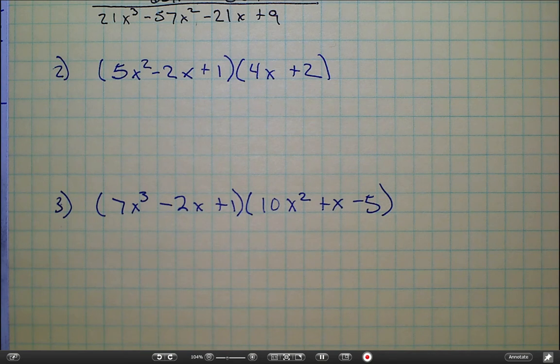Okay, hold on. Let me grab something real quick because I think I understand your issue on this. All right, start with one. Which one do you want to start with? 4x. Okay. So 4x times this.